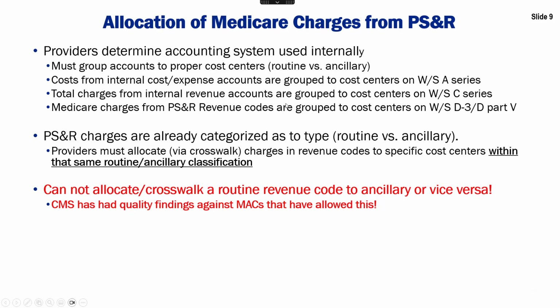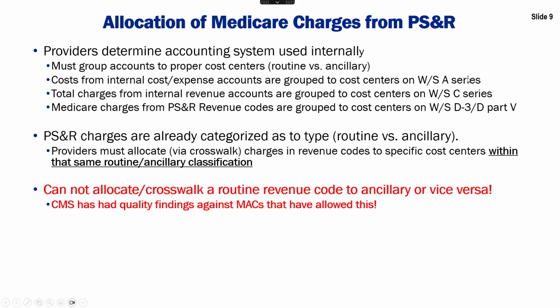So we've talked about the grouping, and providers determine the accounting system that's used internally, how sophisticated it is. They have to identify how they've grouped the various cost centers into routine and ancillary and each specific cost center. Now, a couple of additional terms here. You have the provider's general ledger, their internal financial accounting system, the cost or expense accounts.